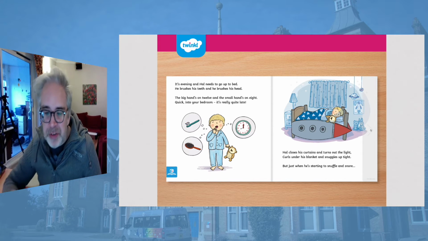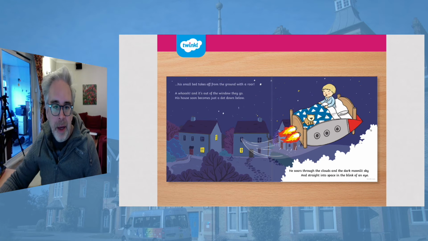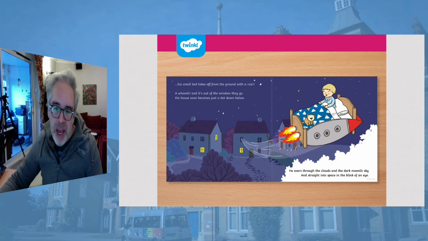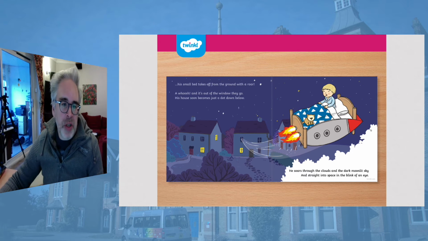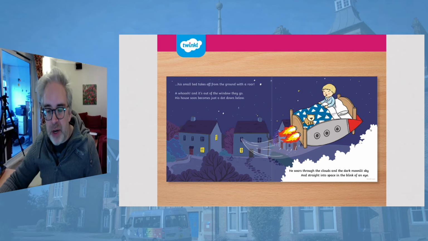But just when he's starting to snuffle and snore, his small bed takes off from the ground with a roar. A whoosh, and it's out of the window they go. His house soon becomes just a dot down below. He soars through the clouds in the dark moonlit sky and stares straight into space in the blink of an eye.